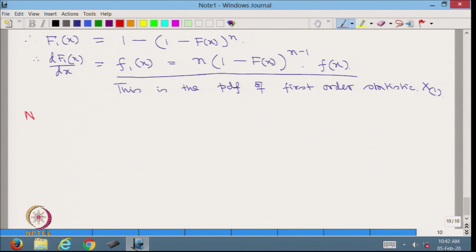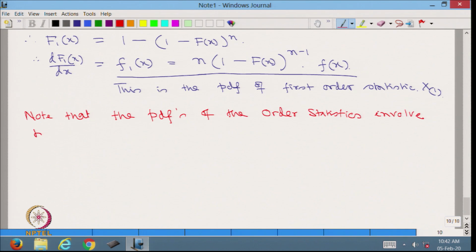Note that the PDFs of the order statistics involve both F(x) and small f(x).